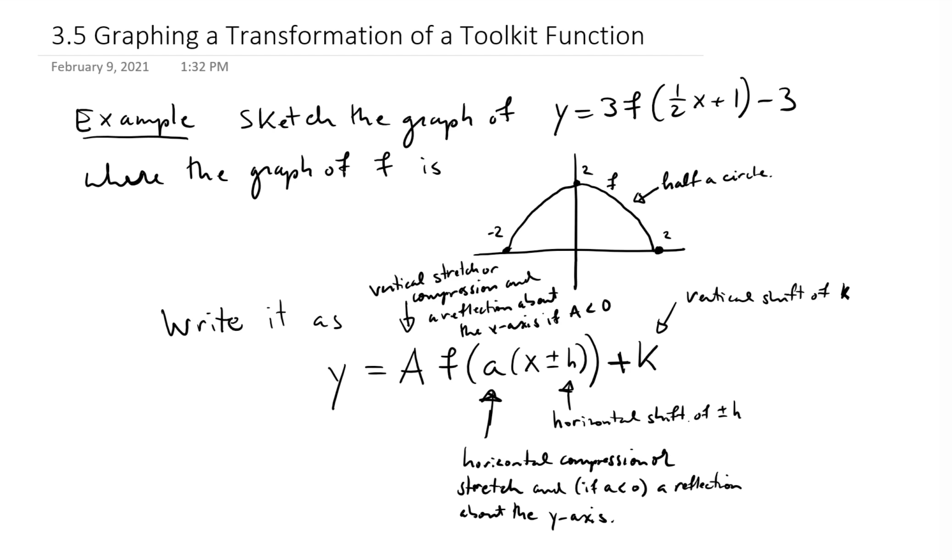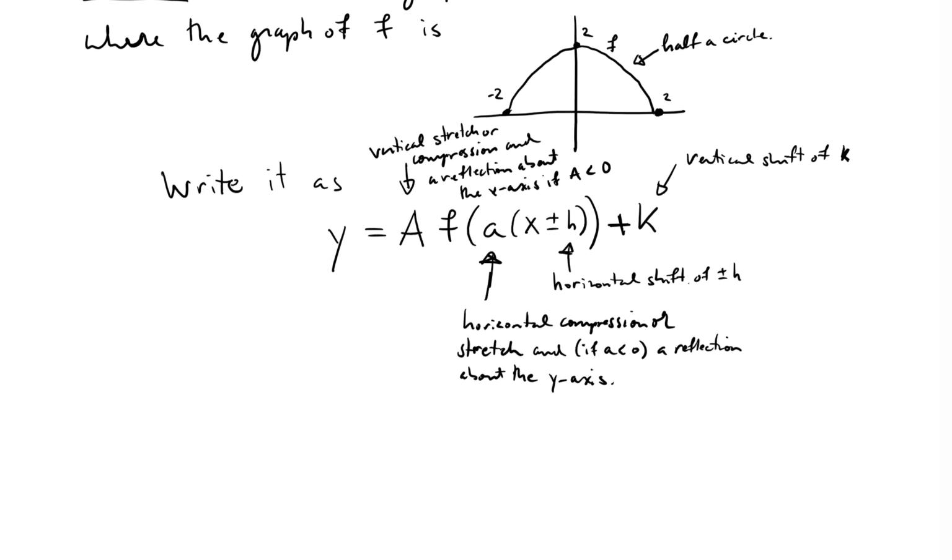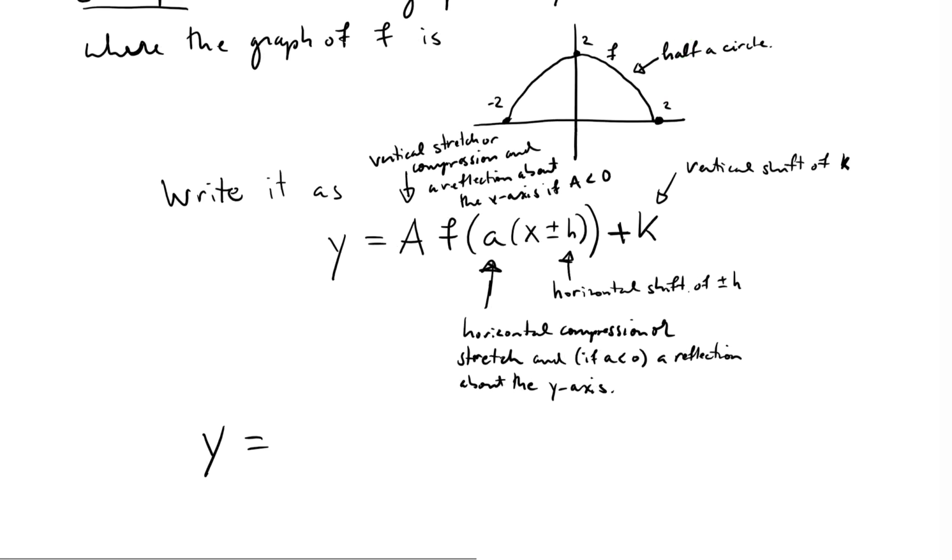So going back to our initial function, the one problem is that I've got a half of x plus 1, so it's not of this form. Essentially you want to factor whatever is in front of x first. So y equals, 3 is capital A, responsible for a vertical stretch of 3.